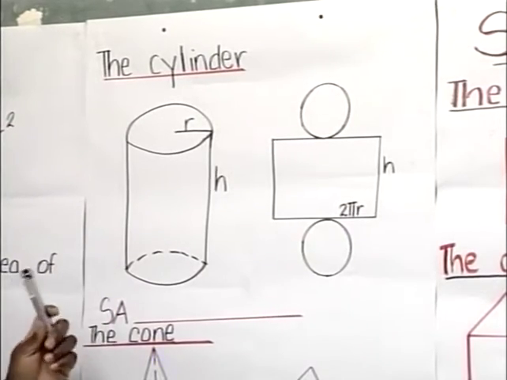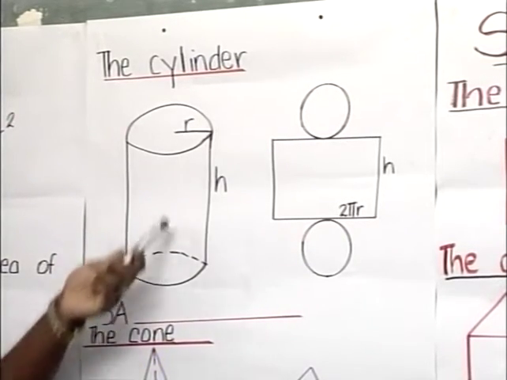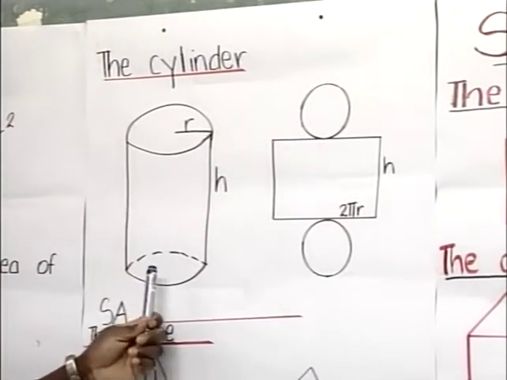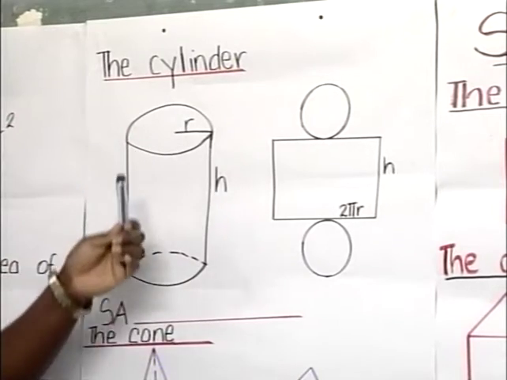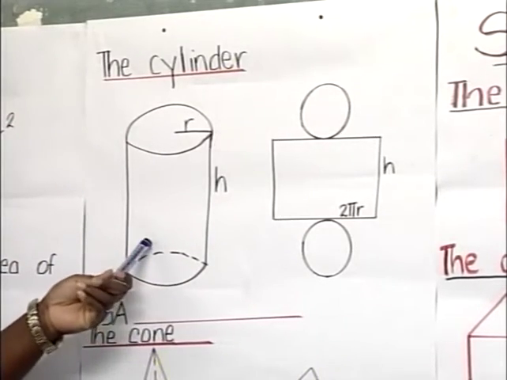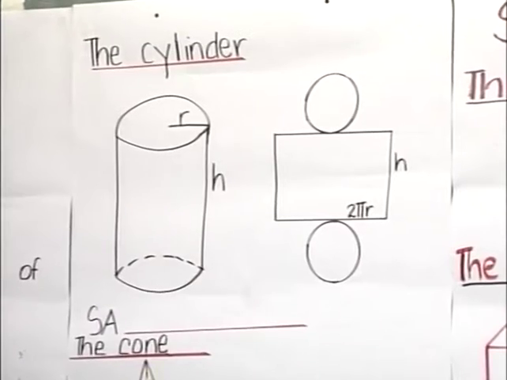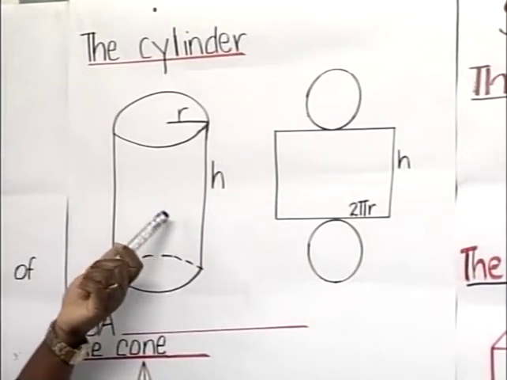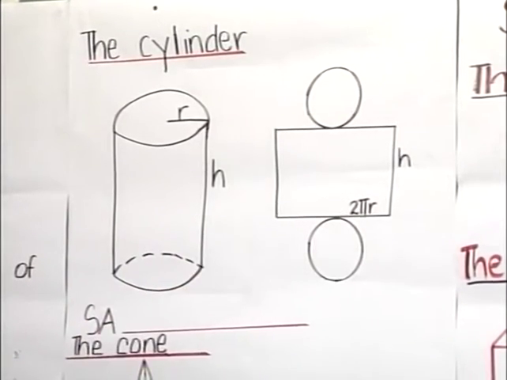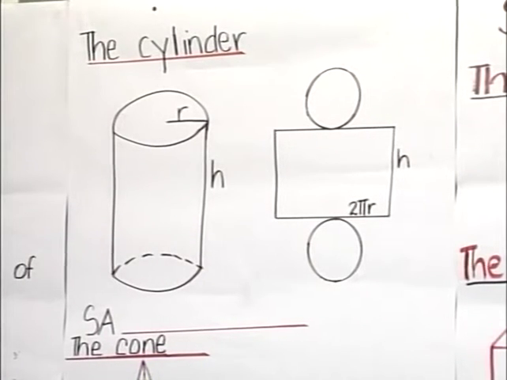If it's closed, then you will have these 2 circular ends at the top and the bottom, and then you have the body as well. When we talk about the surface area of a cylinder, we are talking about a closed cylinder. If you ask for an open one, then you'll have to think a little bit before you do any question based on that.